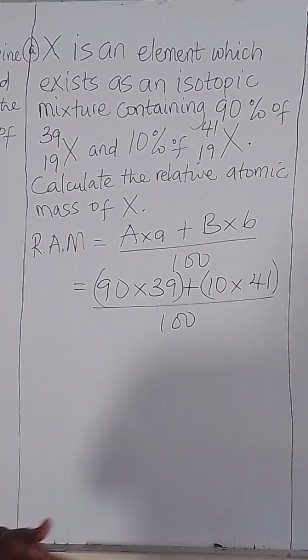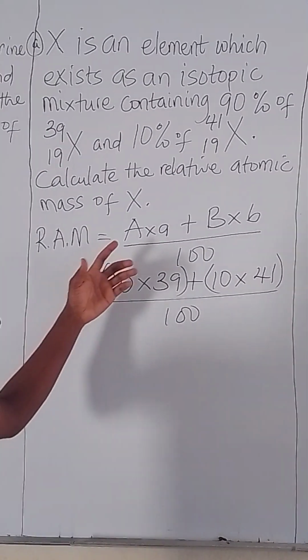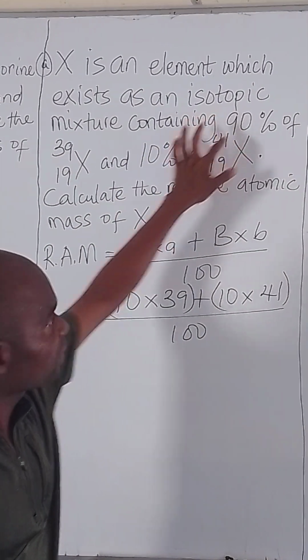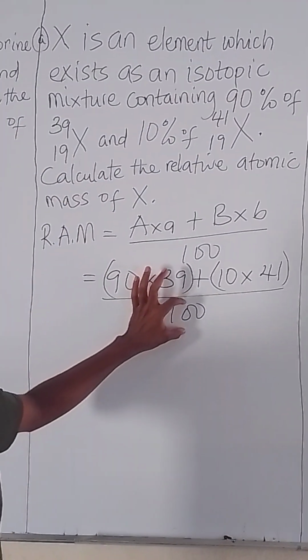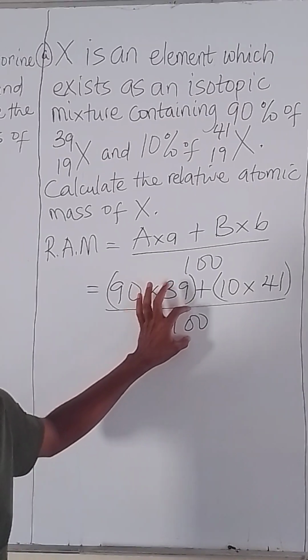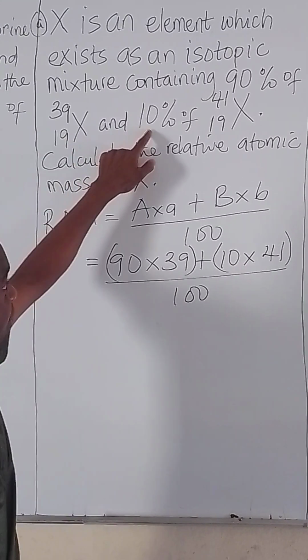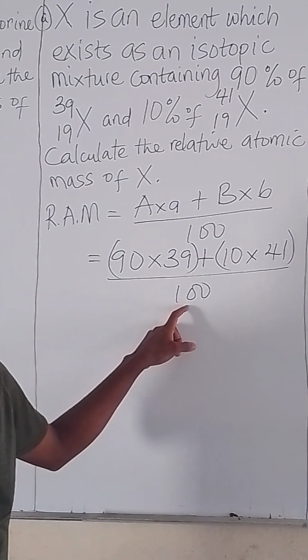Always note that the summation of the proportions should give us 100. That's why we have this 100 here. So 90 plus 10 gives us 100.